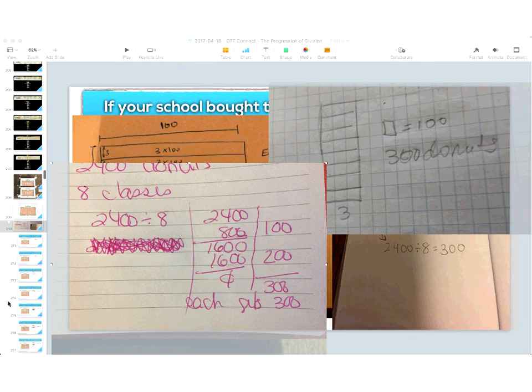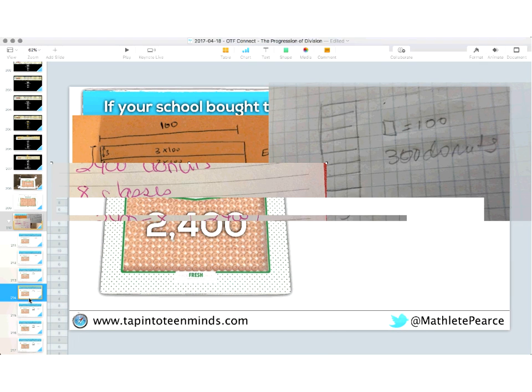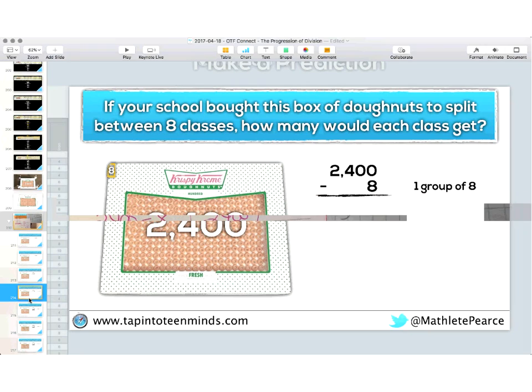One of the ones I thought I would share out with you as well is this idea that, if I'm a student, if I really wanted to, I could use repeated subtraction. Just like when we start with division, we're using some repeated subtraction, and I could just give out 8 donuts at a time.